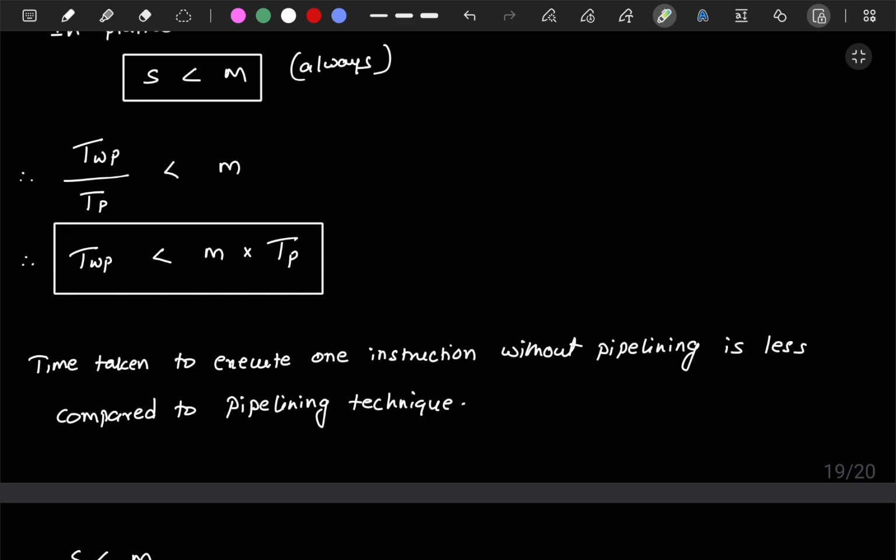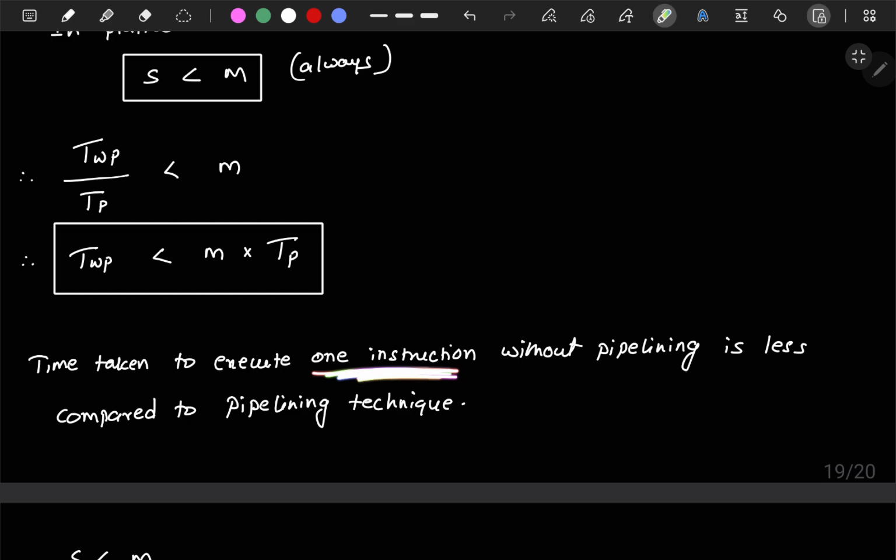You might be getting confused. Till now I was saying that the pipelining technique is very efficient and will reduce the time compared to the non-pipelining technique, and now I'm saying that the pipelining technique is taking more time compared to the non-pipeline technique. It contradicts what we have learned, right? No, see, here the word is one instruction.